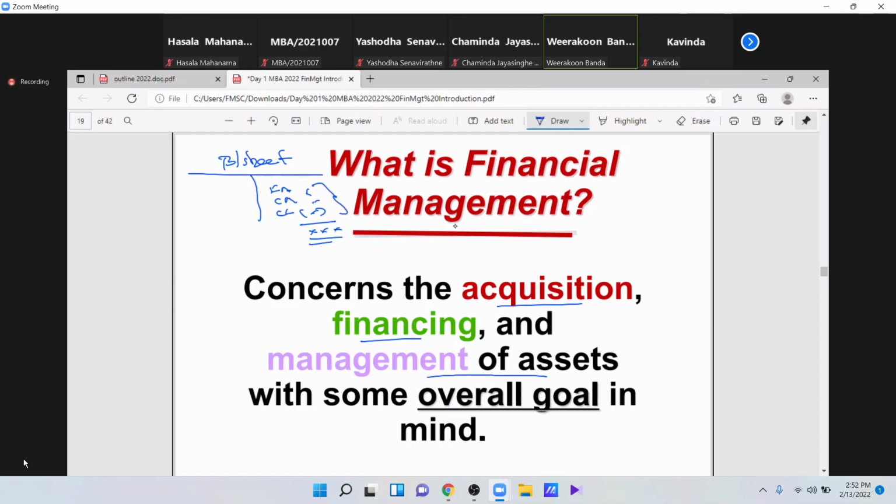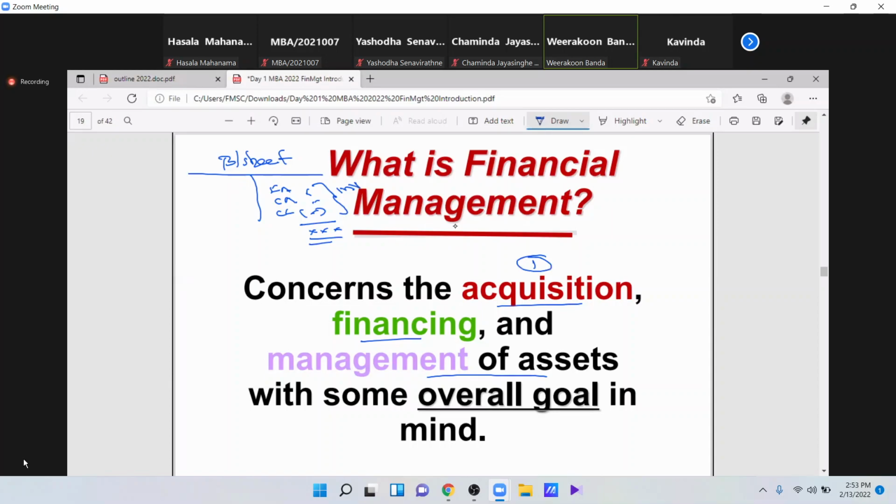Earlier we understood that this is the investment; the other term we use is acquisitions. Already we have acquired some assets, some current assets, and some current liabilities, suppliers. Likewise, the concern here, one aspect, is acquisitions.